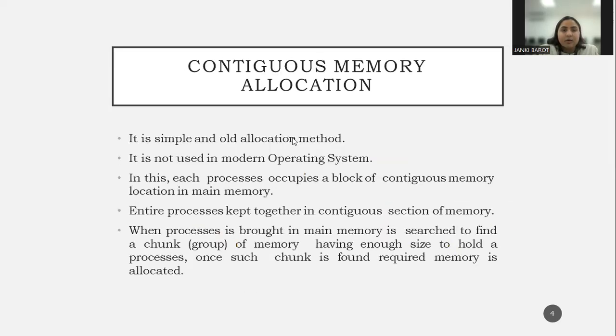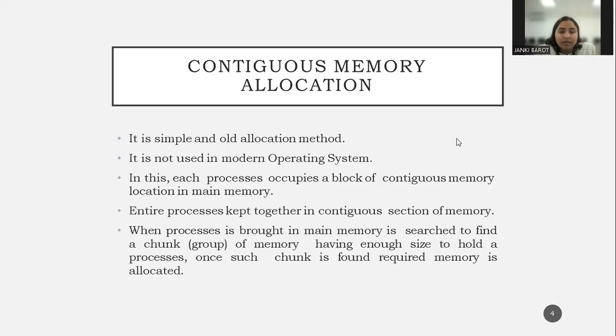Let us see what is contiguous memory allocation. Contiguous memory allocation is the simplest and oldest allocation method. It is not used in modern operating systems. Each process occupies a block of contiguous memory locations in main memory. The entire process is kept together in a contiguous section of memory.